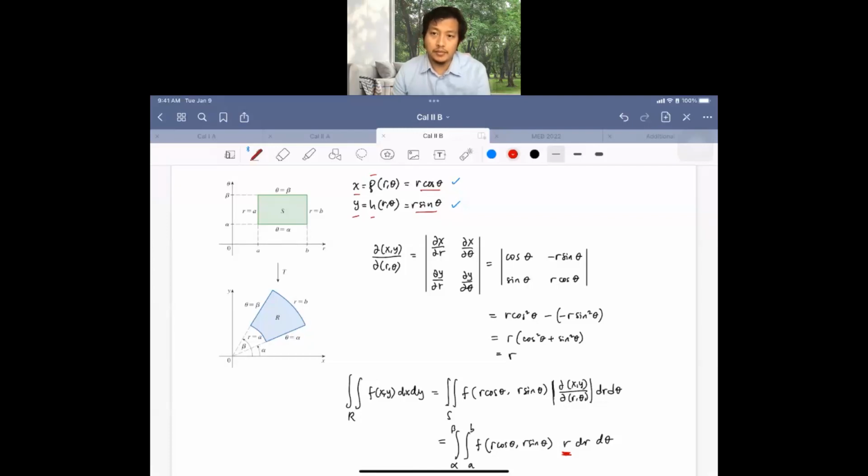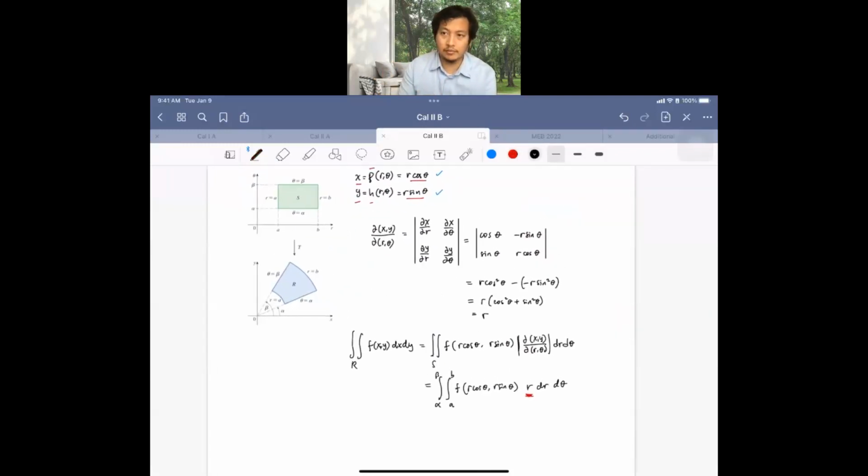Because if you have a region that is a little bit difficult to compute, you can make some simplifications and take the Jacobian, and then you can transform the formula for the integration, and I think it will be very helpful.